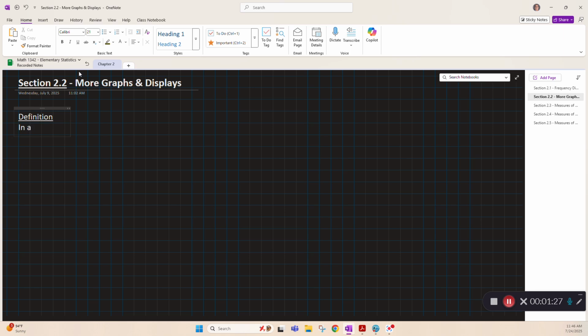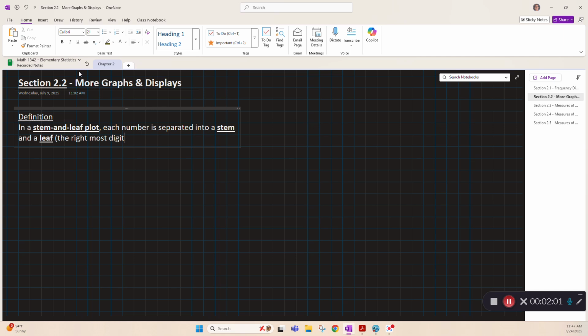Okay, in a stem and leaf plot, each number is separated into a stem and a leaf. And you may be like, well, how do I know which one is which? Well, the leaf is always the rightmost digit.